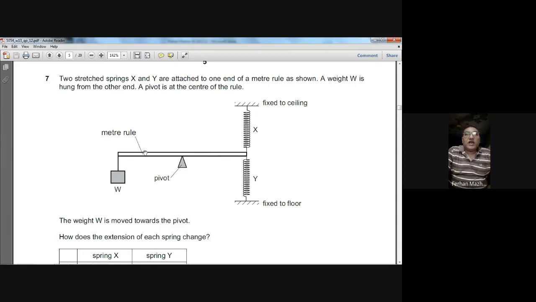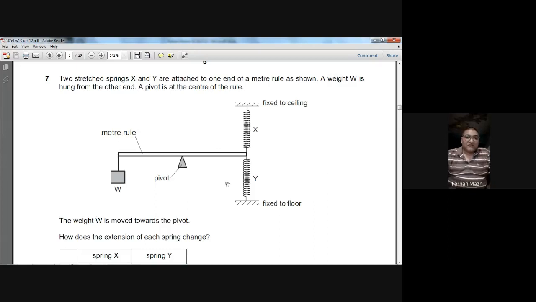Right now, this whole thing is in equilibrium. The anti-clockwise moment produced by this weight is equal to the clockwise moment produced here. The anti-clockwise moment produced here and the clockwise moment produced here are equal. That's why the whole thing is in equilibrium.